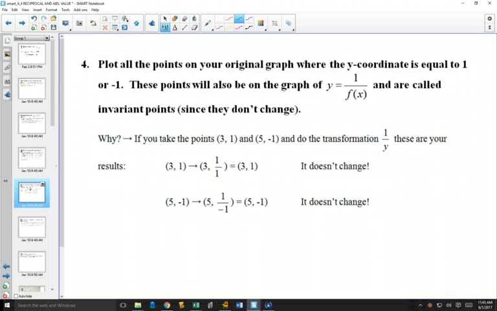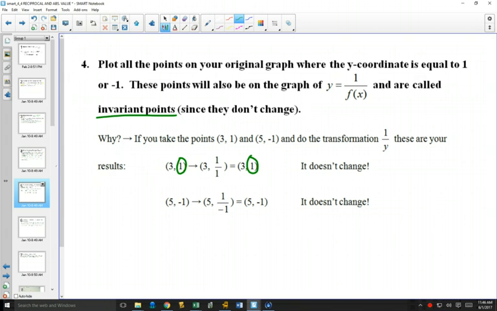After you've got your asymptotes, you're going to plot some points. Now, there are some points that don't change. These points are called invariant points. You don't always have to graph these points. You can if you'd like. But whenever your y value is either 1 or -1, so if I have on my original graph a y value of 1, what happens when I do 1 over that?